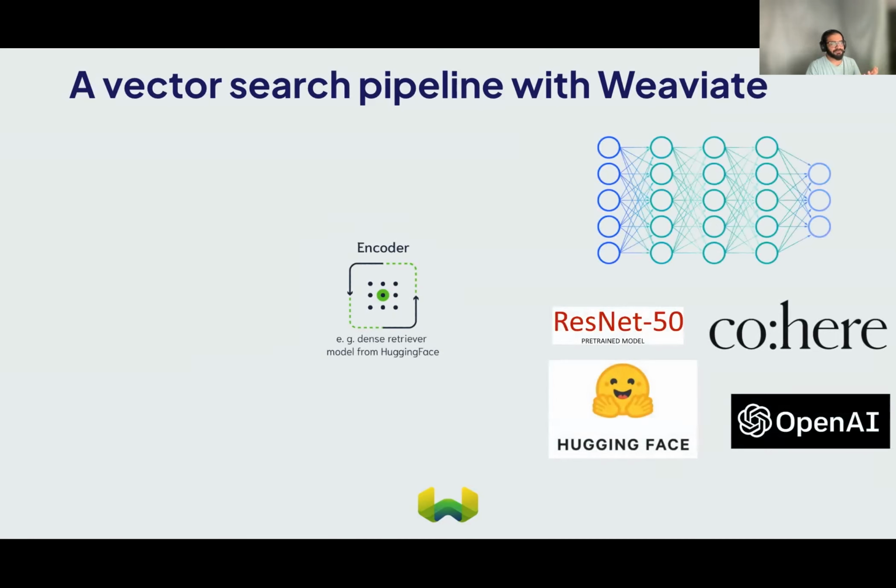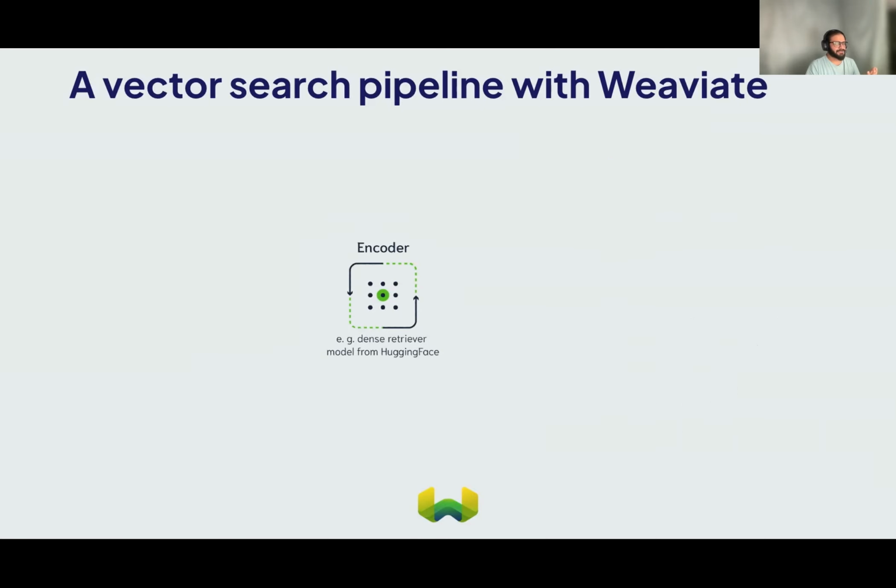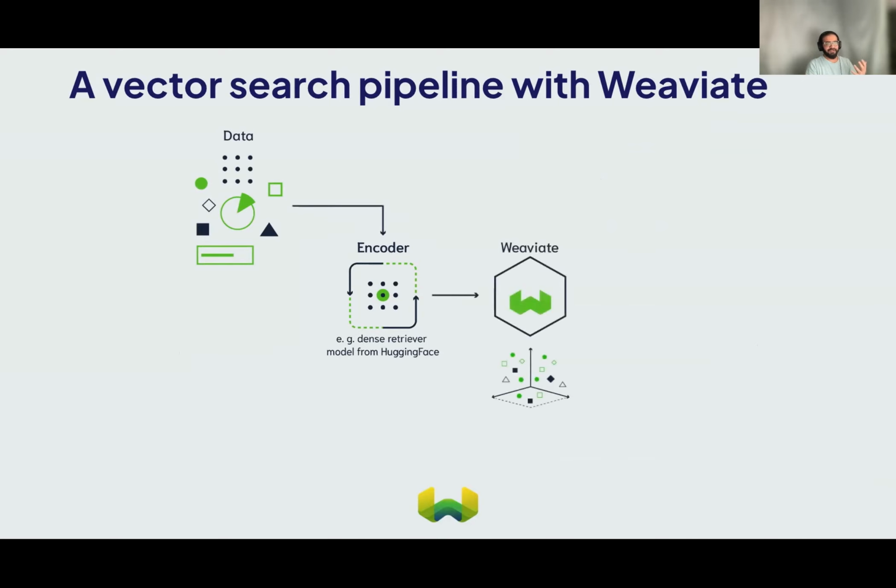You take these machine learning models and you essentially pass your data through these. And this can be any unstructured data, right? This can be text, images, audio, any type of data that you can imagine, you can pass through these models, and you take the vectors that come out of these models, the embeddings, and you can put them into a vector database like Weaviate.